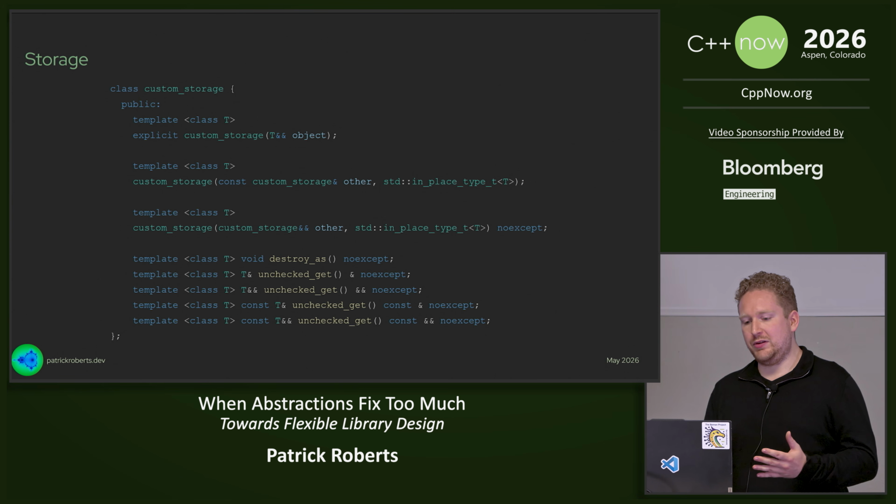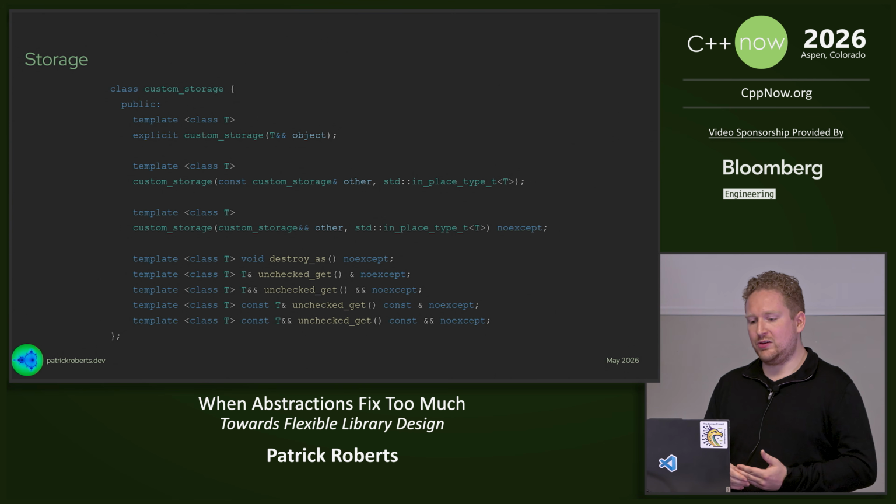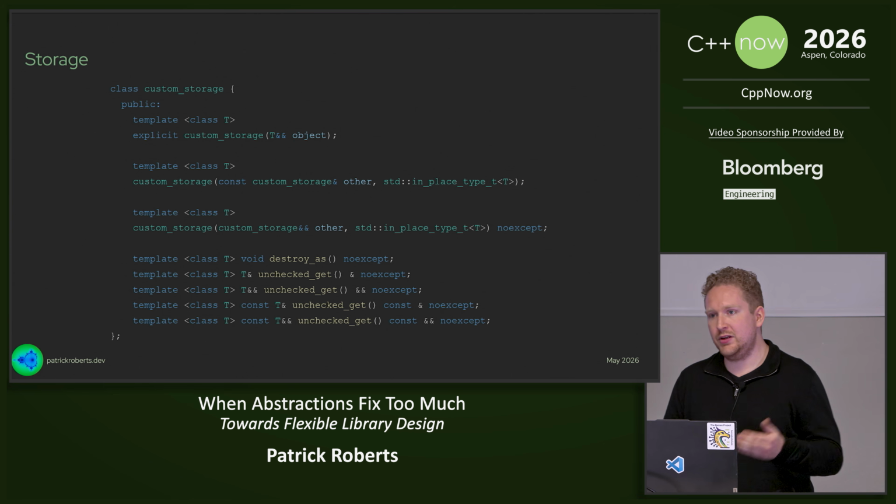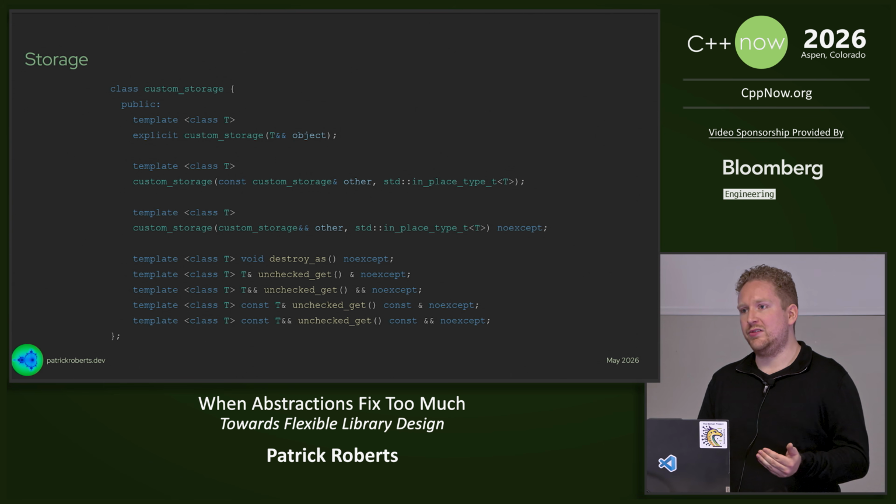So storage, here's what its shape is. If you implement a storage class, you need one constructor template that takes a concrete type and then stores it in some unspecified way within the storage object. And that's why there's a policy, because the mechanism with which you store the object is really interesting, because it has a lot of trade-offs between the generality that storage is able to provide versus the performance trade-offs.